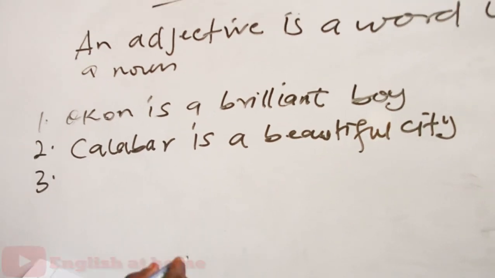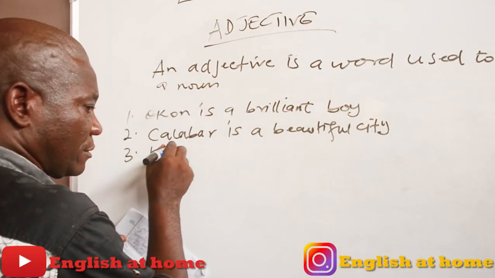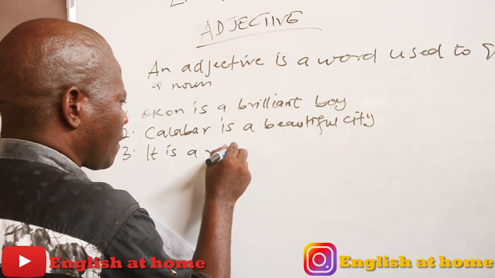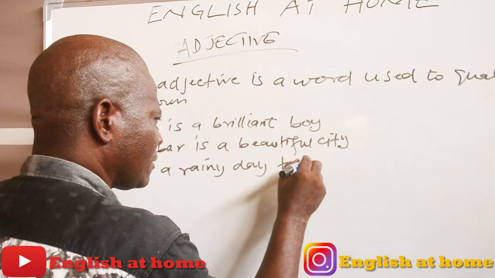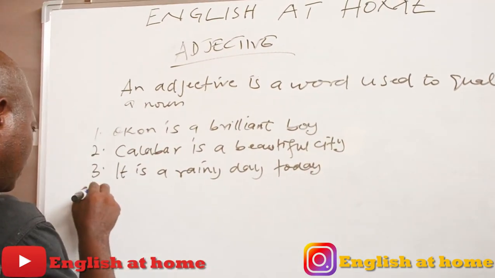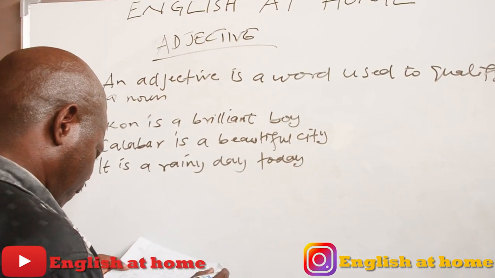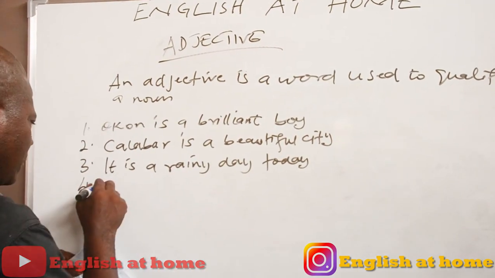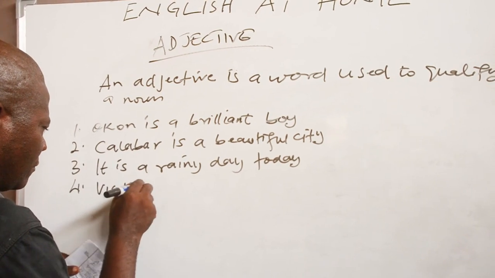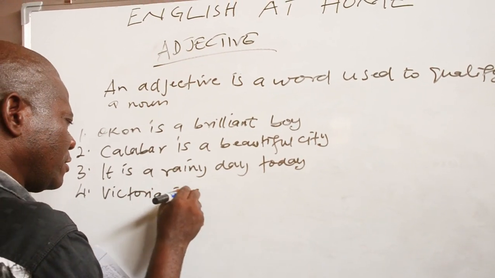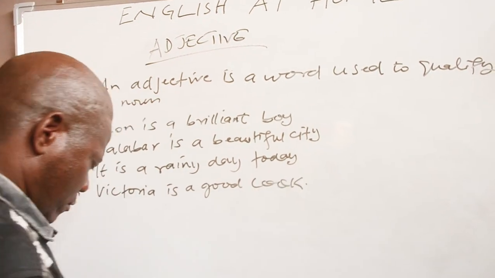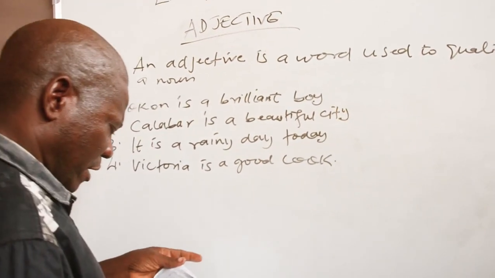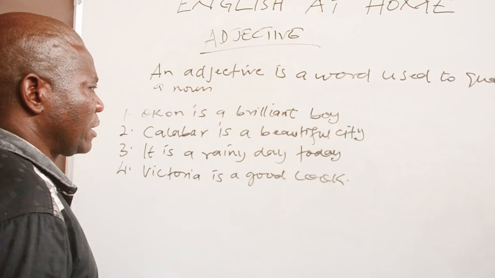Number three, it is a rainy day today. And number four, Victoria is a good cook. All right, so let's begin to underline the adjectives.